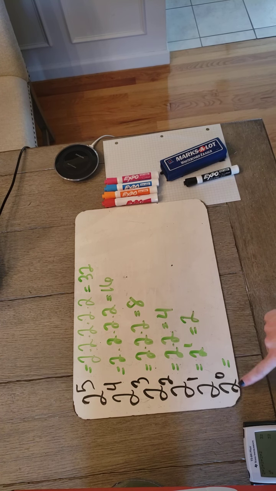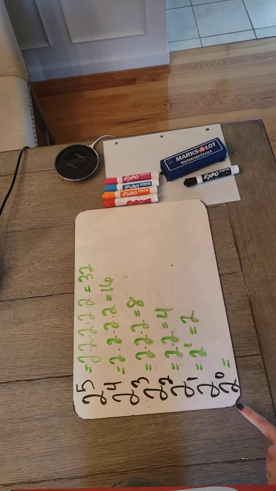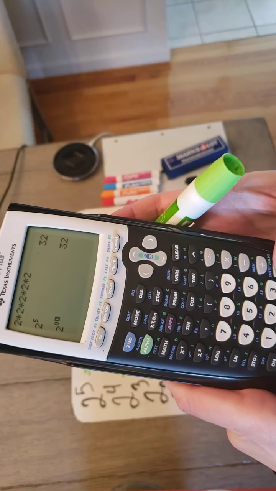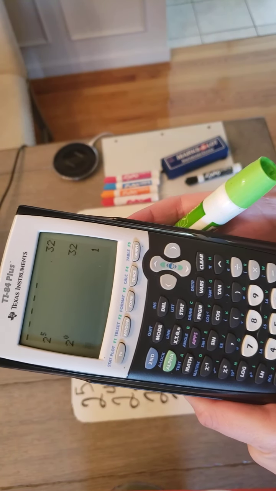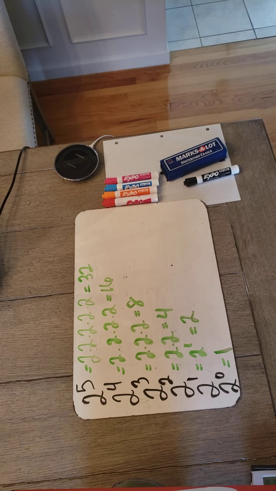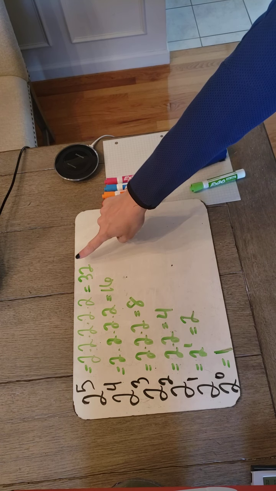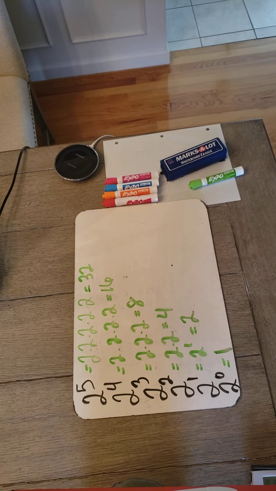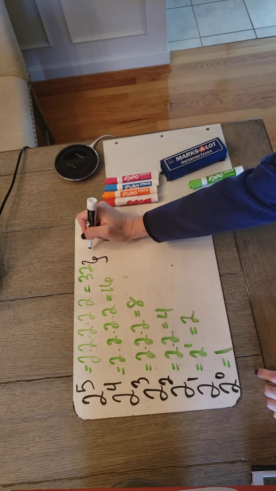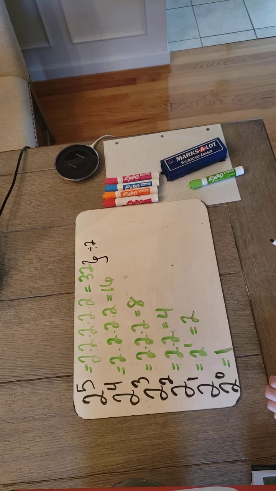And now you would think that 2 to the 0th would be 0, but it is not. This is the easiest rule to remember, but people screw up the most. 2 to the 0th is actually 1. So one way to remember that is if you look at your numbers, to go from 32 to 16, you divide by 2.